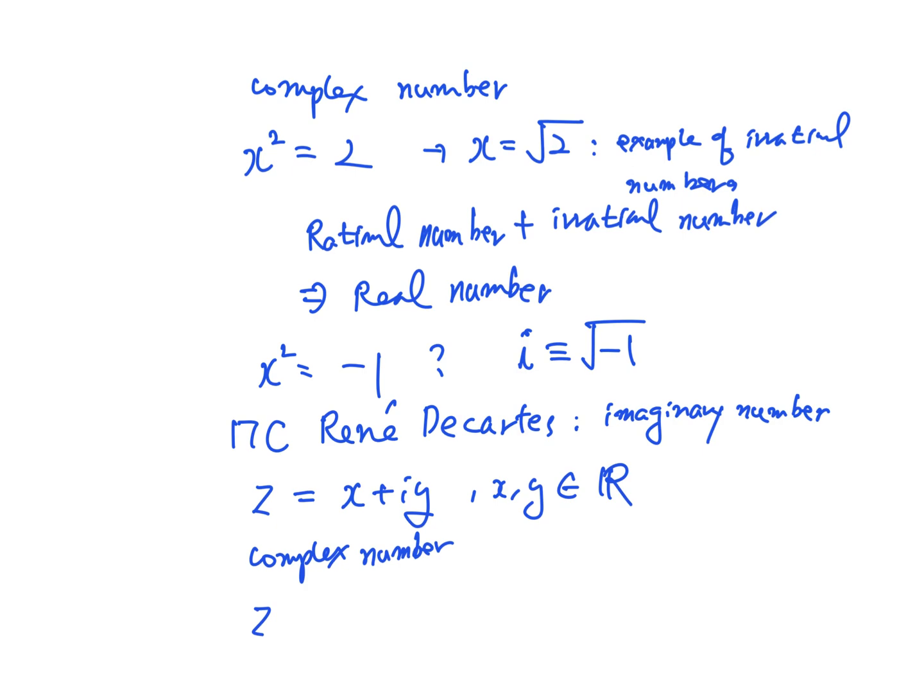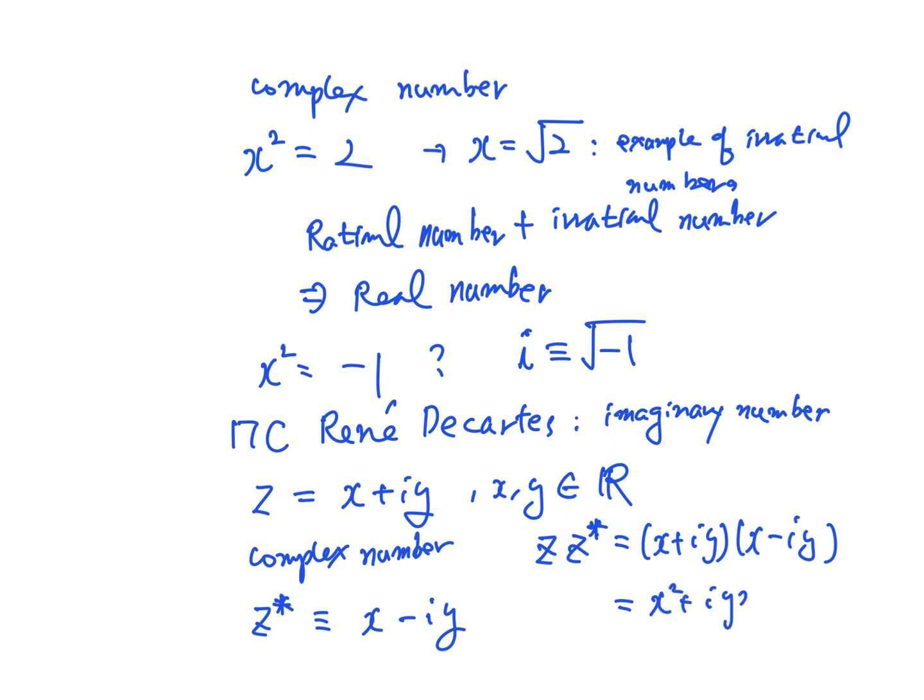And the complex conjugate is defined as x minus iy. Then z times z complex conjugate is x plus iy times x minus iy, which is x squared plus iyx minus ixy plus i times minus i y squared.